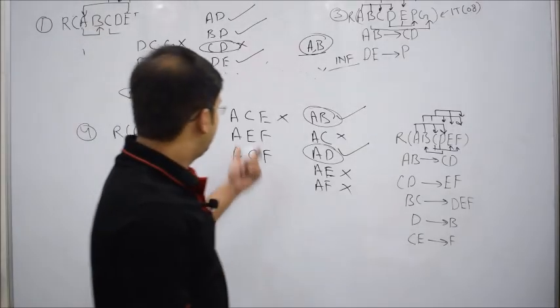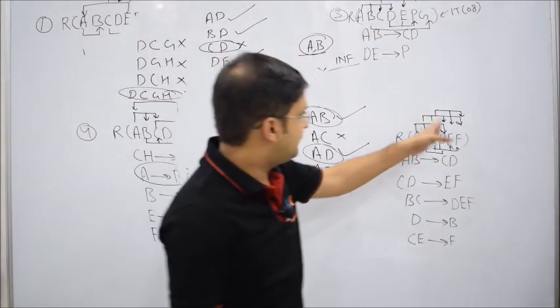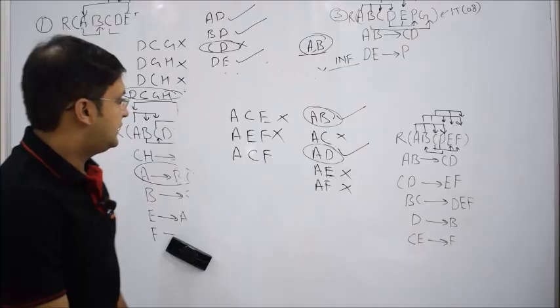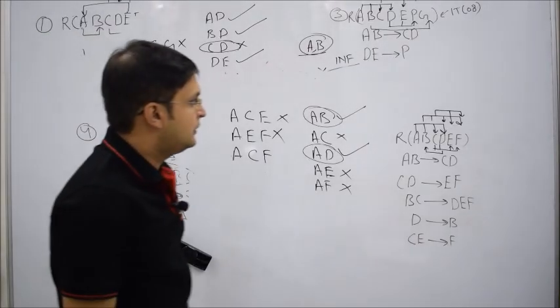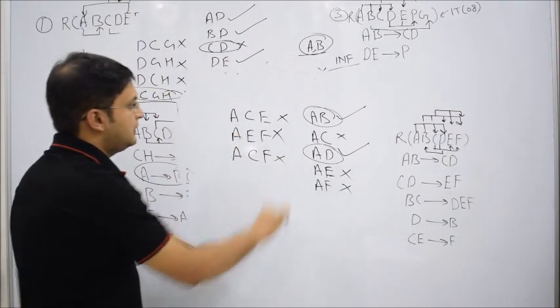Again, E and F: E has one outgoing edge, but it is still finding only F. You cannot find anything. Then C and F: from C and F you still cannot find anything, so again it is not a candidate key.